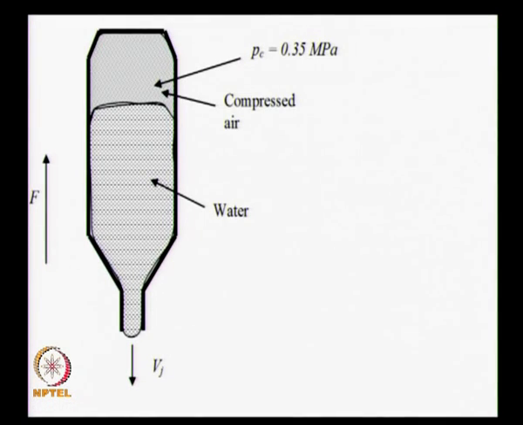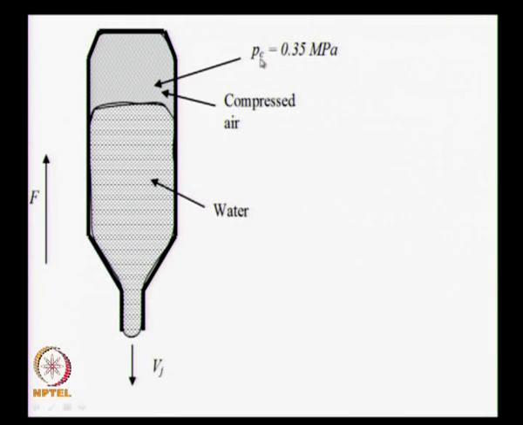See, the problem which I will pose to you is the following. Maybe I will put it up on the board just now. You have a bottle which contains water, you have high pressure gases above it. I push the liquid water out through this using compressed air.